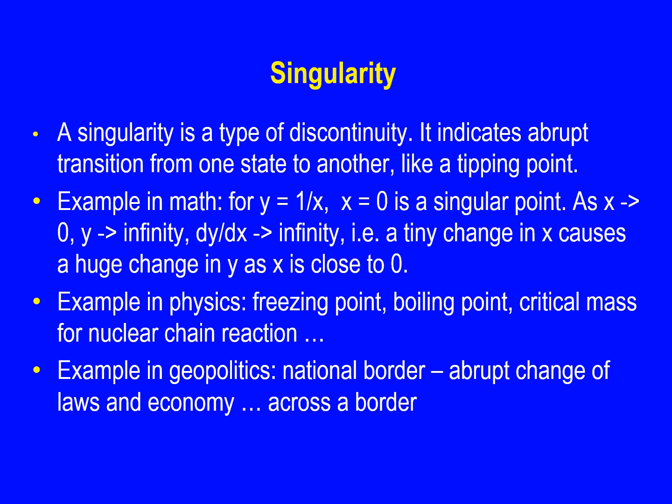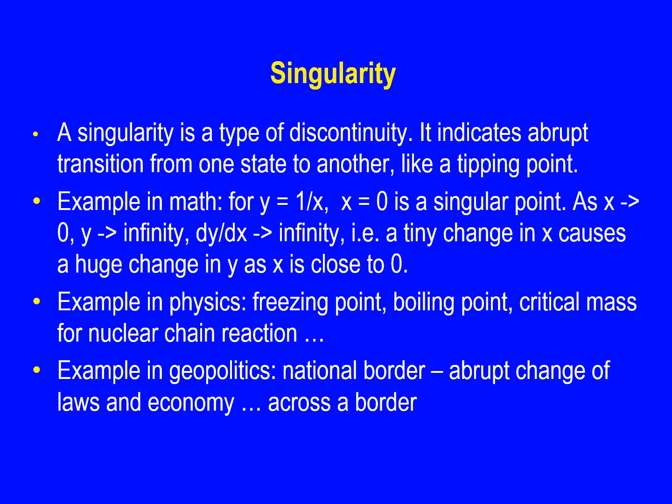An example in physics would be a freezing point or boiling point. At those points, a tiny change in temperature causes a huge change in the property of the matter, a phase transition. Another example is the critical mass for a nuclear chain reaction.